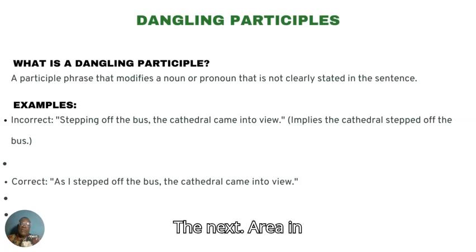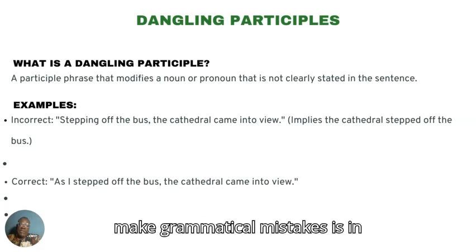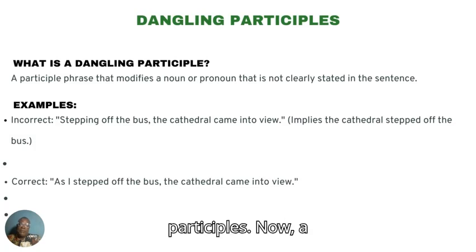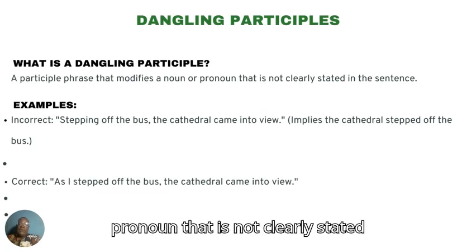The next area in which most people make grammatical mistakes is in using what we call dangling participles. Now, a dangling participle is a participle phrase that modifies a noun or pronoun that is not clearly stated in the sentence.